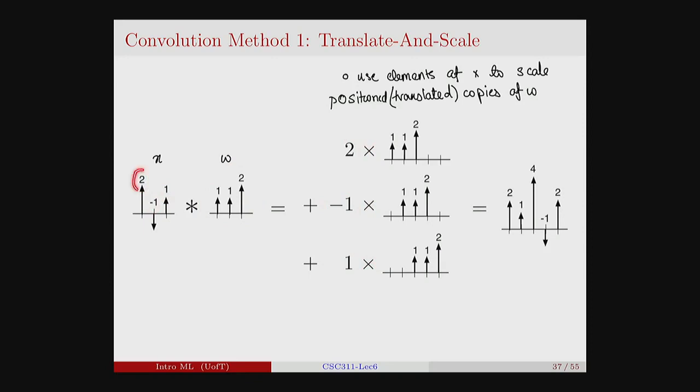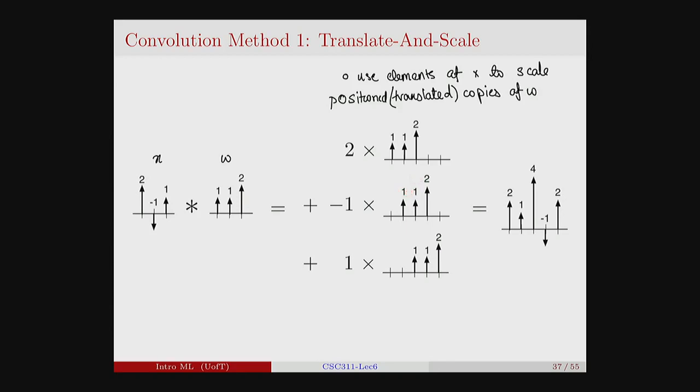The first element of X that I'm scaling W by lies in the first position. So I'm going to put it here. Remember, 2 shows up here. I'm going to center my weight matrix here and multiply all of these numbers by 2, which gives me 2, 2, 4. Next, I'm going to take my filter W and center it at the location of minus 1, which is in the center of this x-axis. That gives me minus 1, minus 1, minus 2.